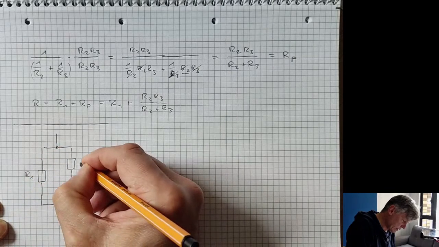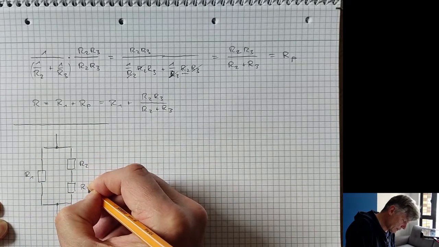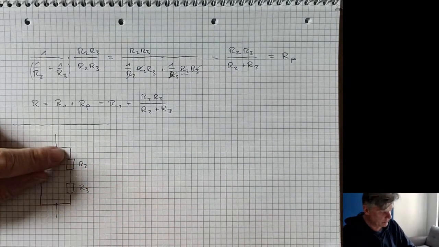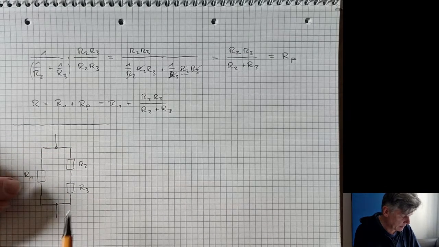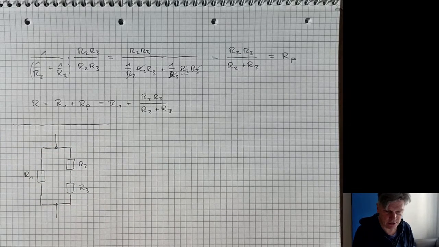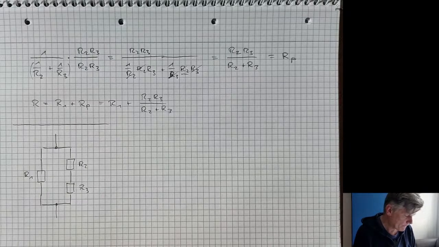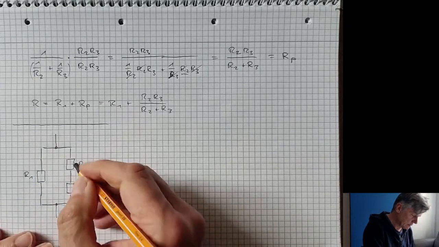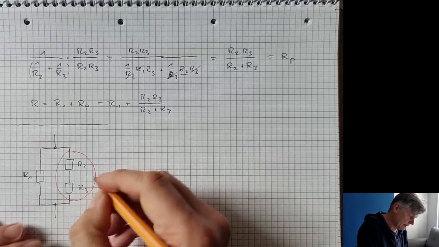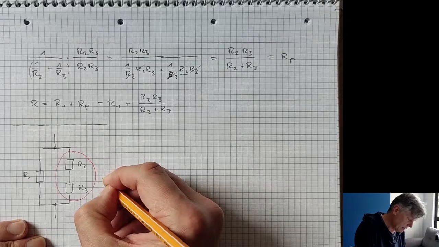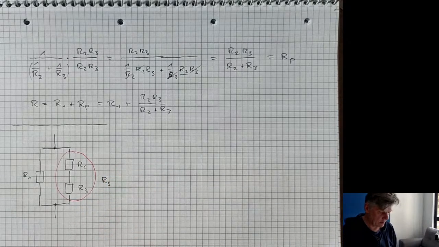R1, R2, R3. So you see you have a series resistance made of R2 and R3 in parallel to R1. Okay, so that means in this case it's easier to combine these two first and say this is my RS, which is my series resistance.